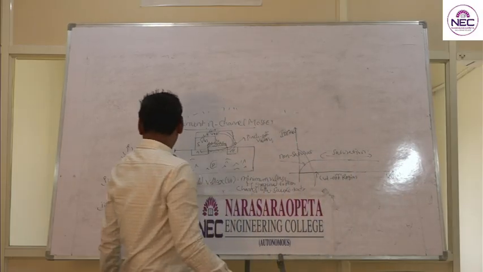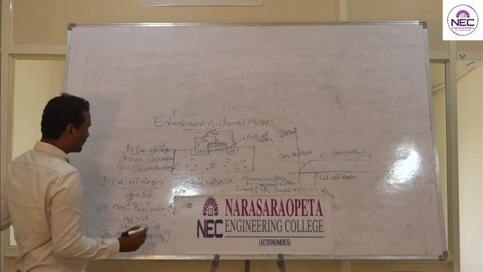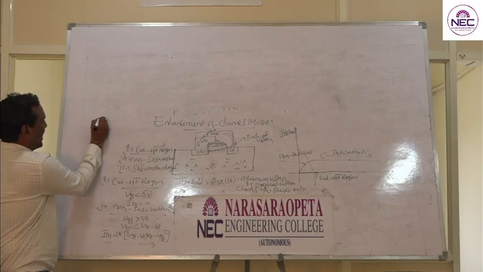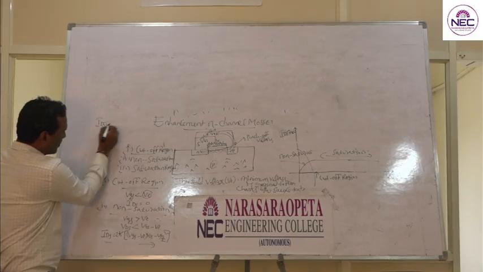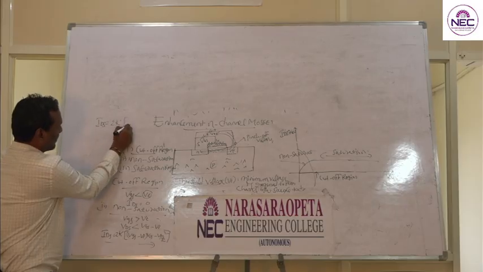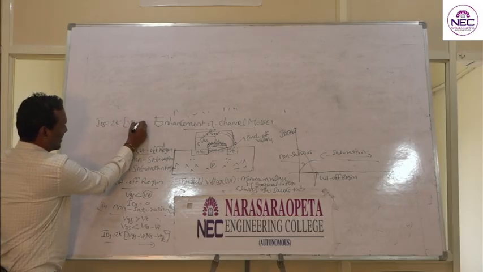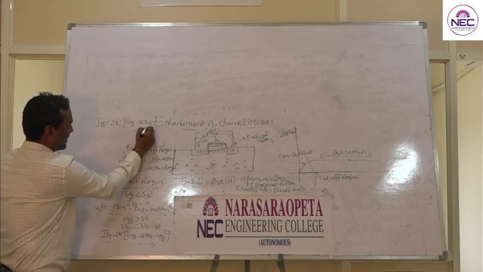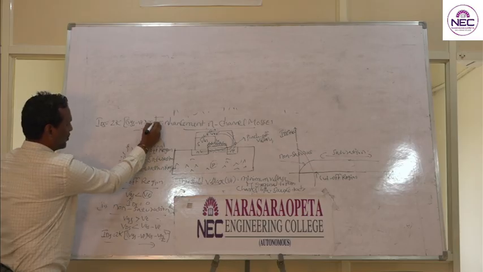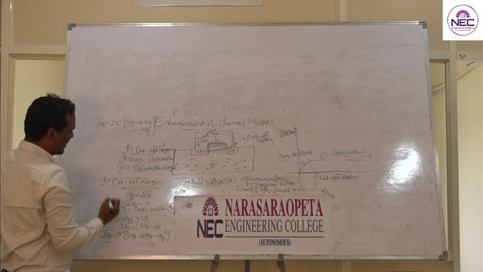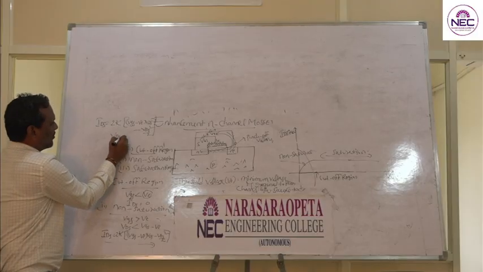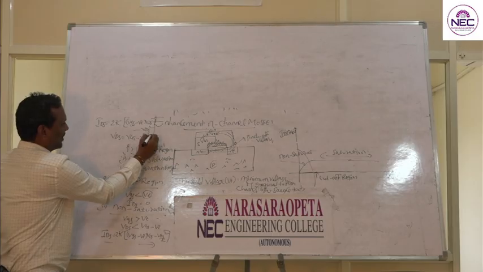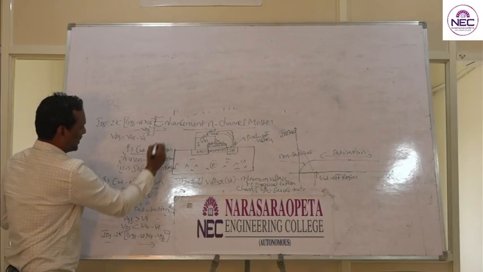So now in the saturation region, we can write out the IDS value: 2K into (VGS minus VT) VDS minus VDS squared by 2. Here the VDS value must be VGS minus VT, so let us assume this is equation number 3.